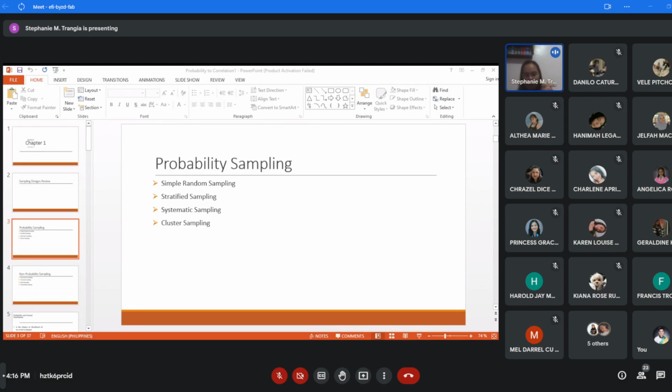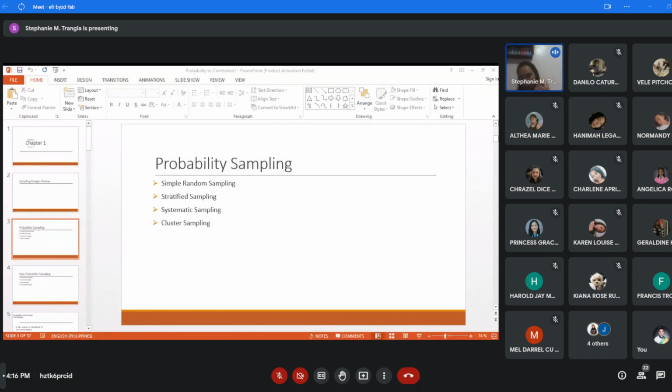So cluster sampling is a type of probability sampling for area sampling, meaning large area sampling. Cluster sampling is usually used when the area is very large. For example, Cagayan de Oro City is our target population, and we cluster it by barangay. If Cagayan de Oro City has 50 barangays, the selection of those barangays must use simple random sampling.